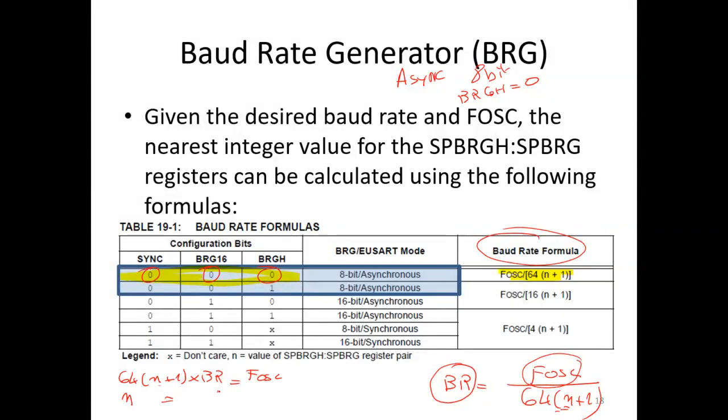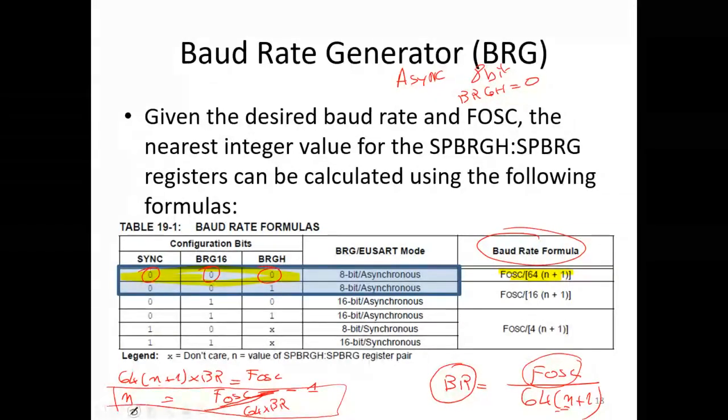So n plus 1 equals the frequency of the oscillator divided by 64 multiplied by the baud rate. We need n, so we have to subtract 1. So the value of n equals the frequency of the oscillator divided by 64 multiplied by the baud rate, minus 1.